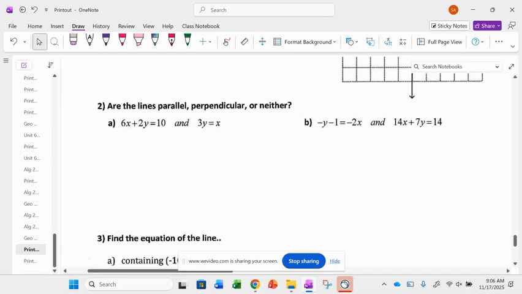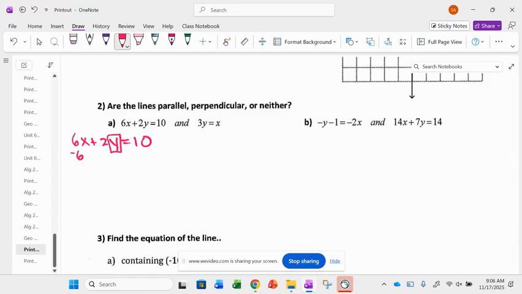Are these lines parallel, perpendicular, or neither? What we want to do for this section is put each one in slope-intercept form. How do we put it in slope-intercept form? We have to get what by itself? Y. So I'm going to get y by itself in 6x plus 2y equals 10.